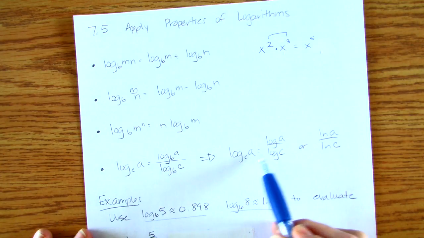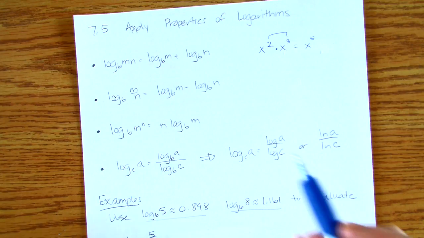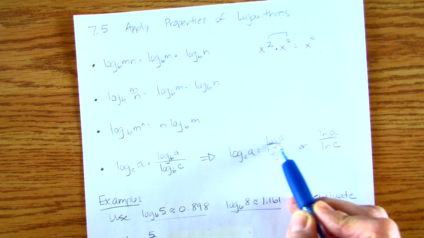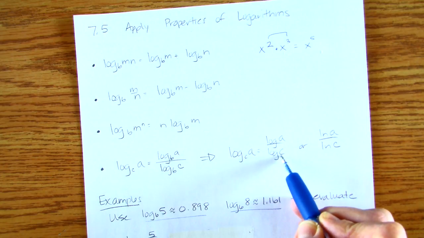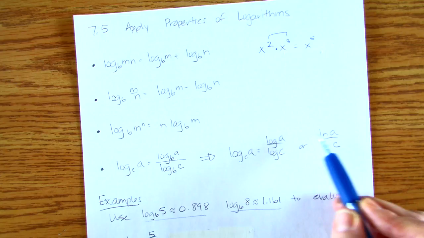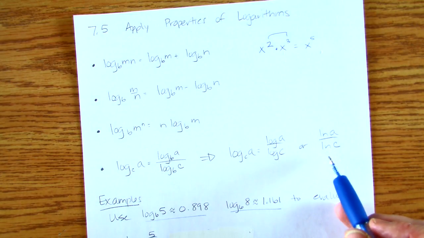And we use that a lot because our calculators store log base 10 and the natural log base e. So if I'm looking for the log base c of a, I can just write that as log base 10 of a over log base 10 of c and put that in my calculator, or ln a over ln c and put that in my calculator. I like this one because you don't have to write so much. And again, you'll see how that comes into play later.